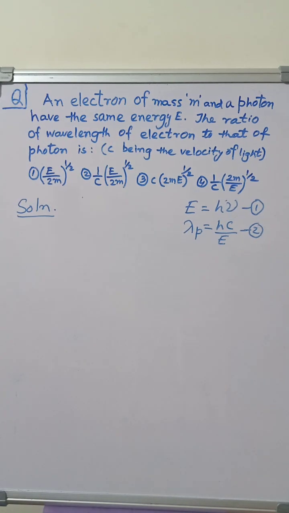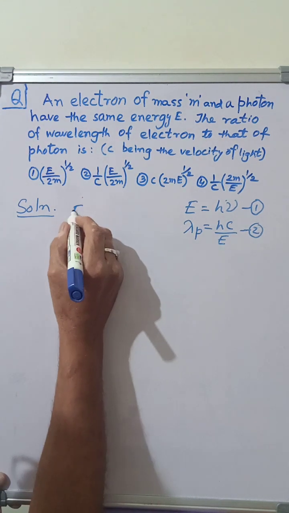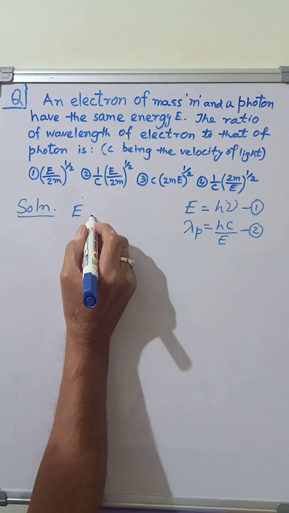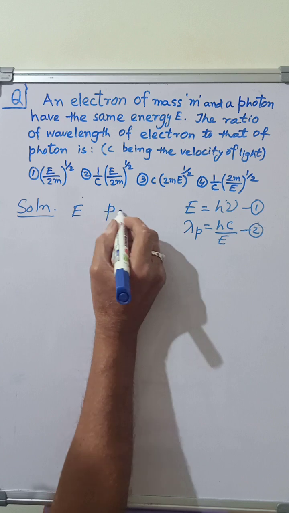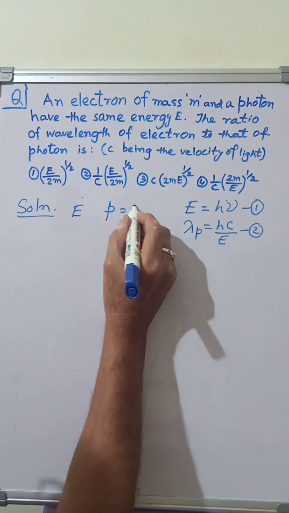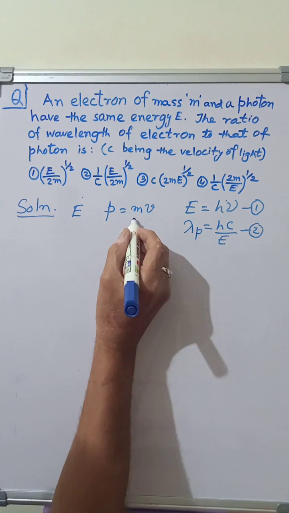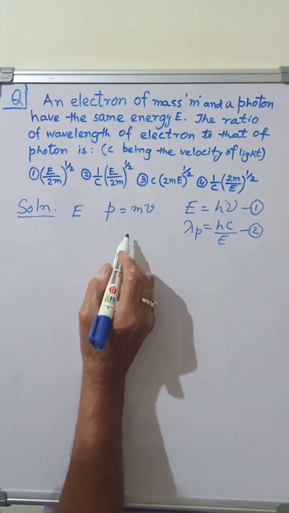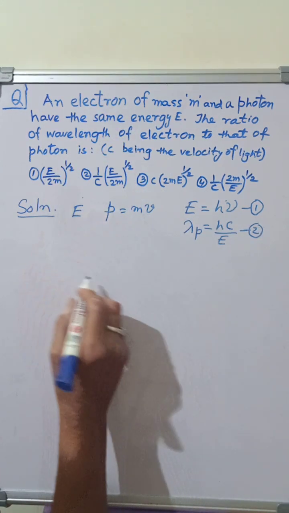Now for the electron. It is given in the question that energy of the electron is also equal to E. Let its momentum be p is equal to mv, where m is the mass of the electron and v is its velocity.